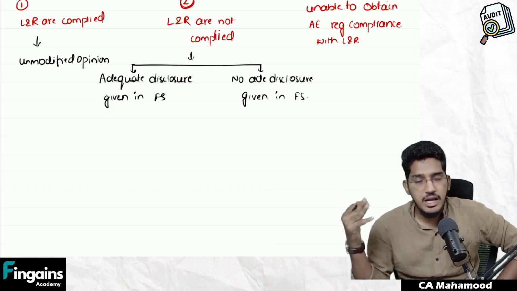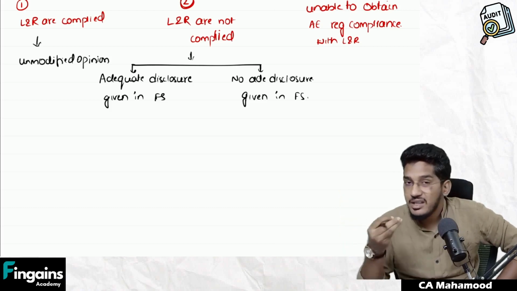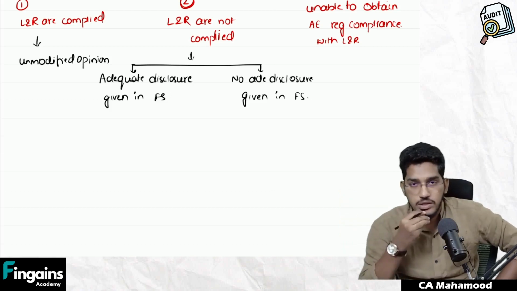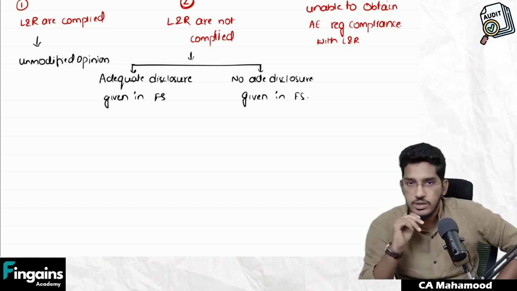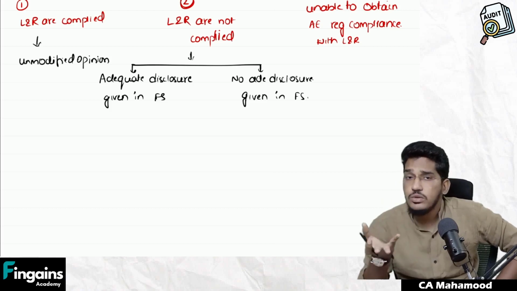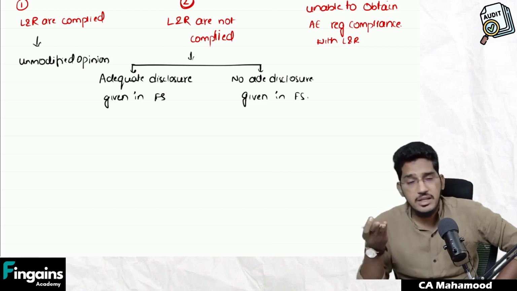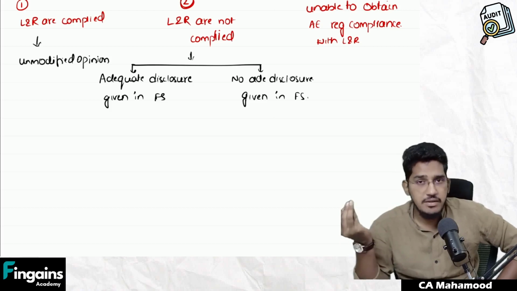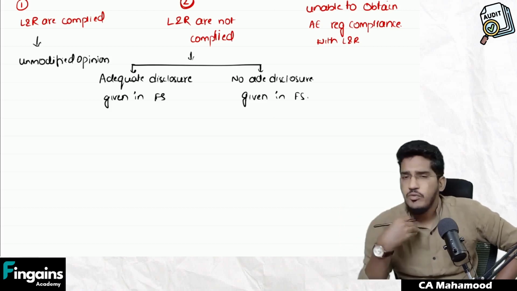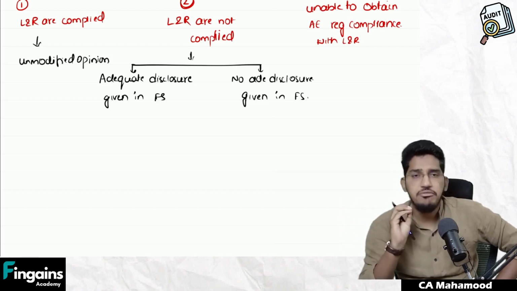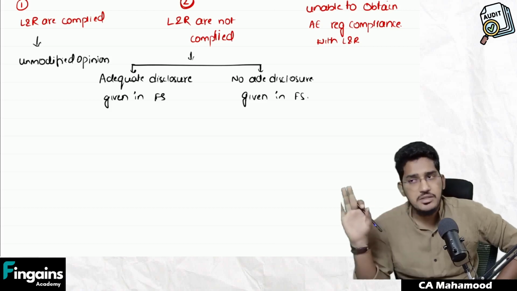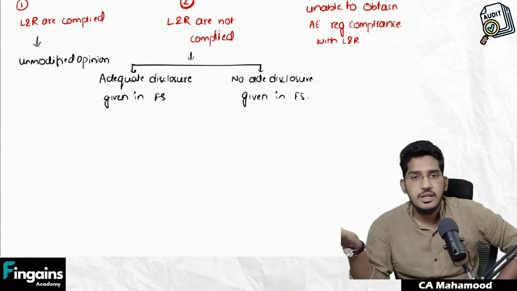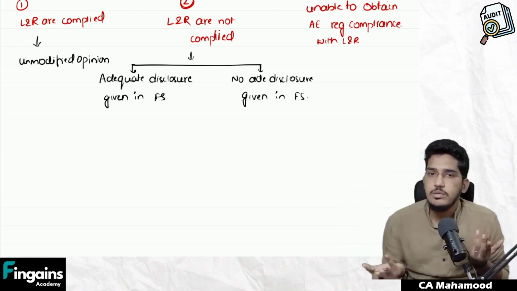Now you tell me, in that case, if the management has clearly explained everything in the notes to account, are the financial statements misleading or are they correct only? No. If the management has clearly explained what non-compliance they have done, how much penalty they have paid without hiding anything, in that case, financial statements are not at all misleading.